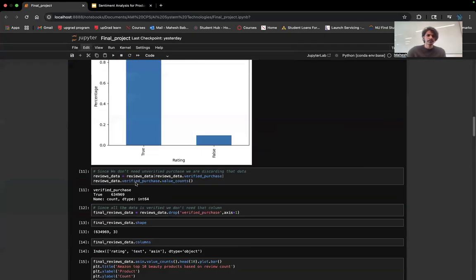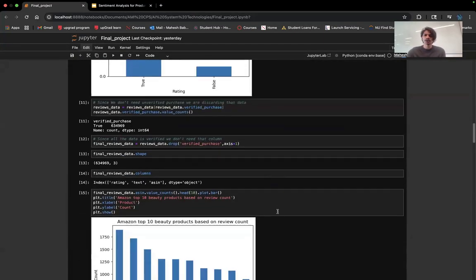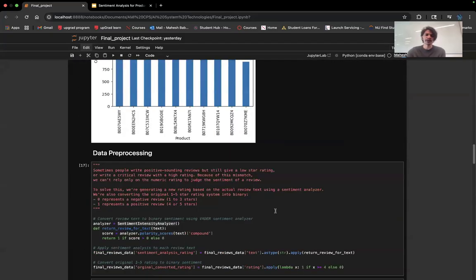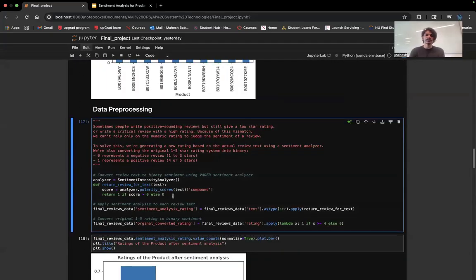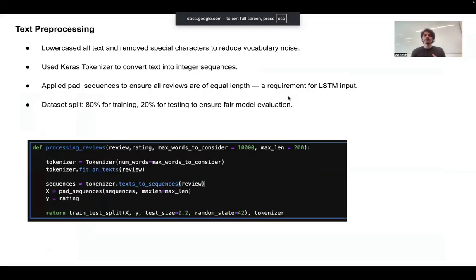This is downloaded from the VADER module, and it gives the rating as two values. If it is positive, it returns a value greater than 0, and if it is negative, it gives a value less than 0. So using this sentiment intensity analyzer, we categorize the review given by the user instead of taking the actual ratings given by them. By this we have two sets of labels. One is given directly by the user, and one is derived from the review text they have written.